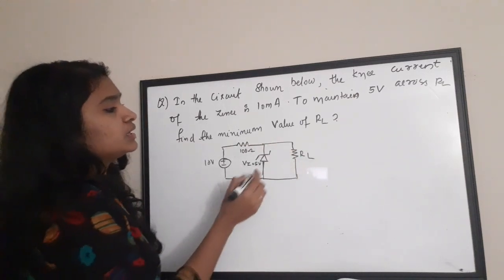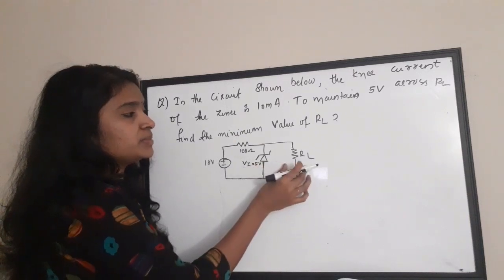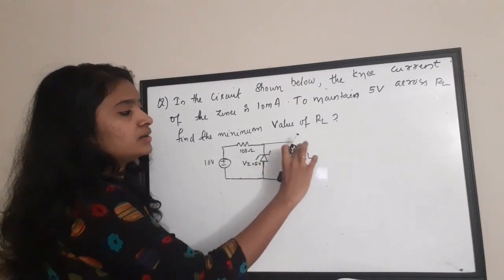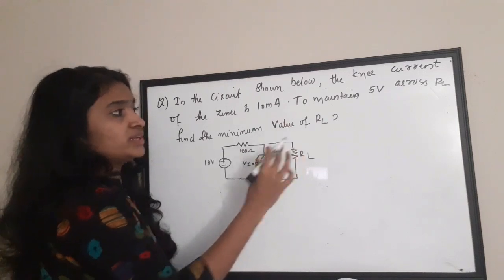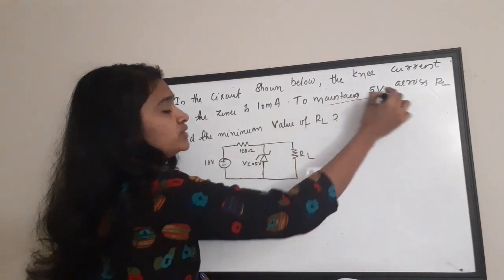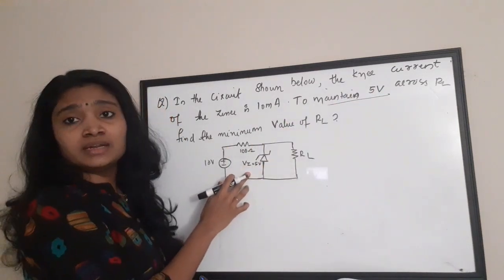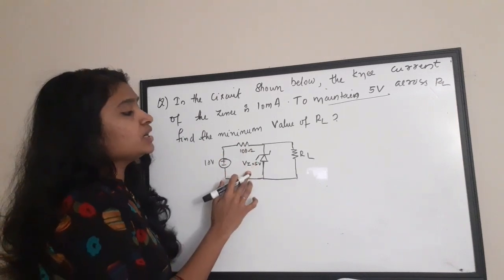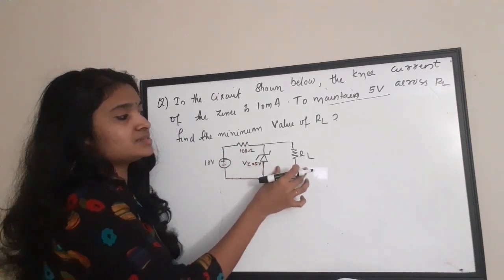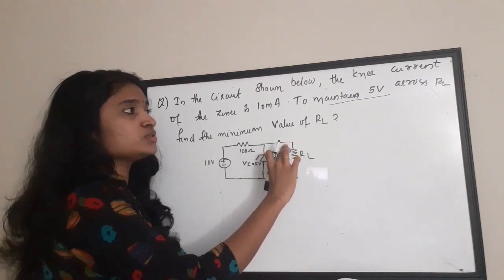If the voltage coming across this resistor is 5 volt, that is we need to maintain 5 volt, it means this diode will be in conducting mode, right? So the voltage drop across this is also 5 volt.